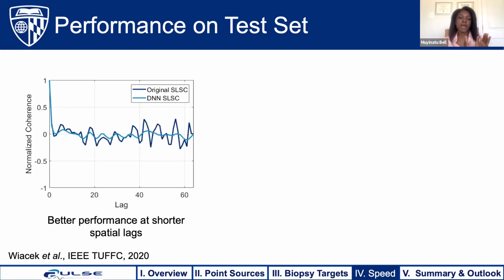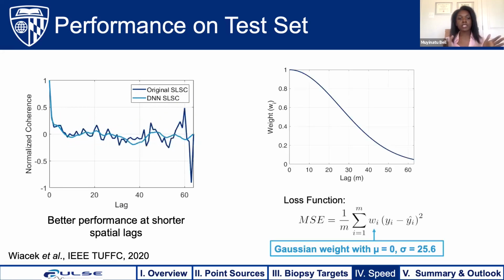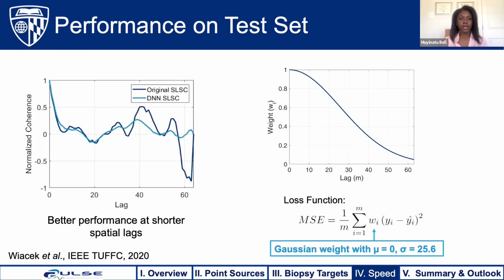And we get this better match in the short lag region because we used that modified mean squared error loss function, which looks something like the plot shown up here. And we're placing more emphasis on errors in the short lag region with our Gaussian weighting function that you see at the bottom.